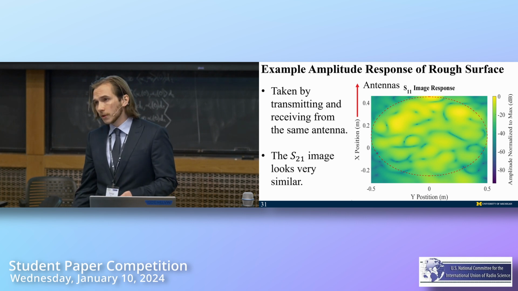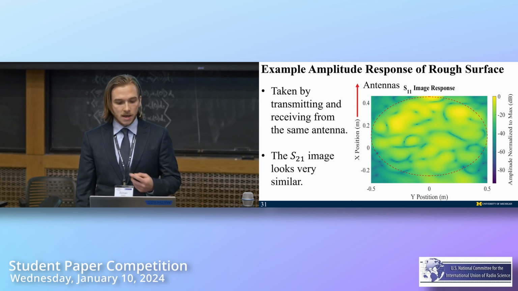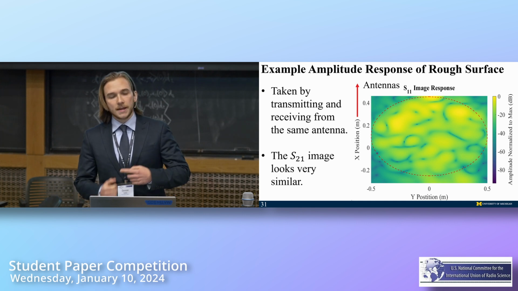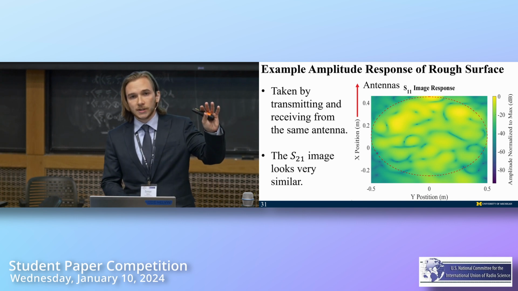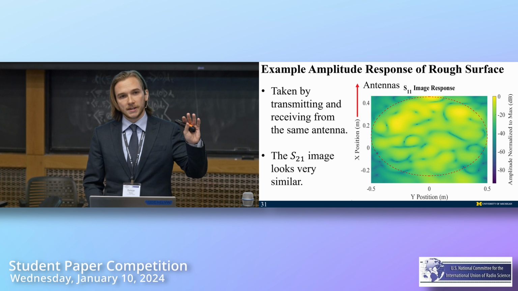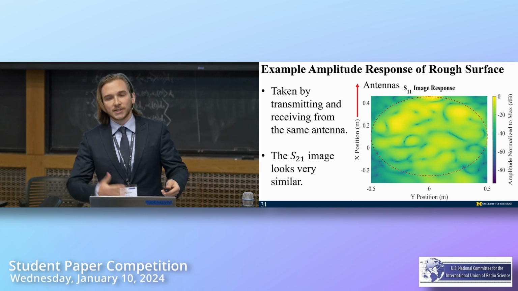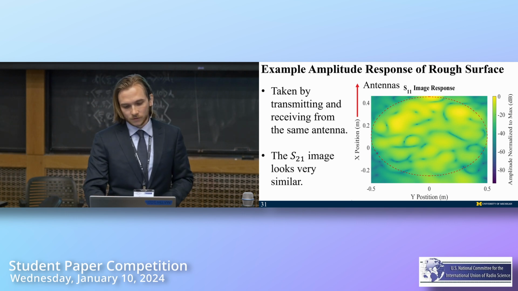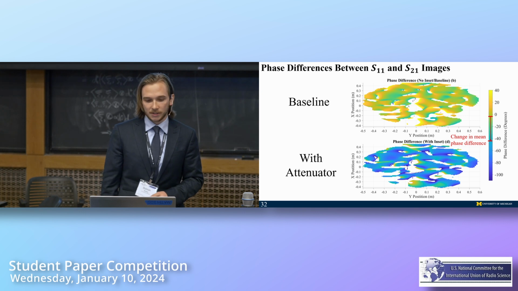We also formed similarly an S21, or bistatic, image. The goal is to take that S11 image, compare pixel to pixel to the S21 image to form a difference image in amplitude and phase, use that as our baseline, and then try to see if we can detect a change from that baseline.